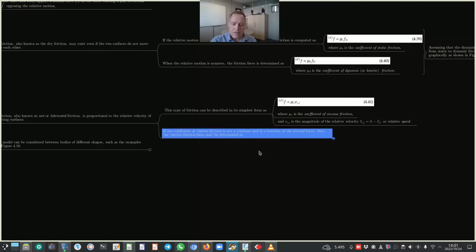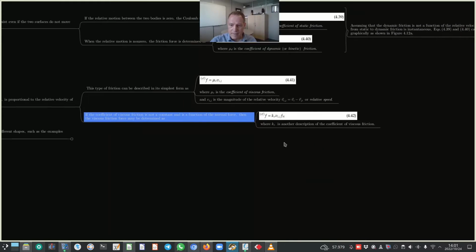If the coefficient of viscous friction is not a constant and is a function of the normal force, then the viscous friction force may be determined as shown here in equation 4.42, the viscous friction force equals kV times Vij times Fn, where kV is another description of the coefficient of viscous friction.